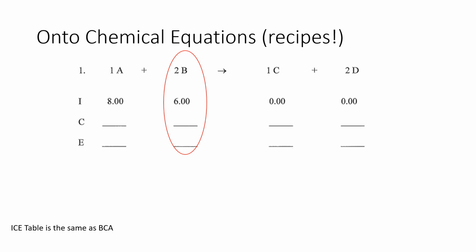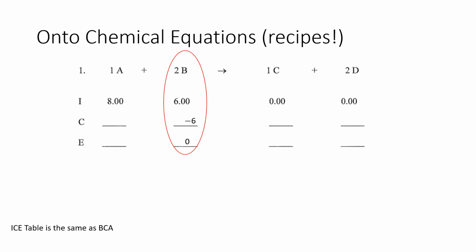So for the limiting reagent first, I have 6B. Limiting reagent means I'm going to have to use up every single B in the reaction. And with that being said, at the end of the reaction, I should have none left. And now how much A would I be consuming?